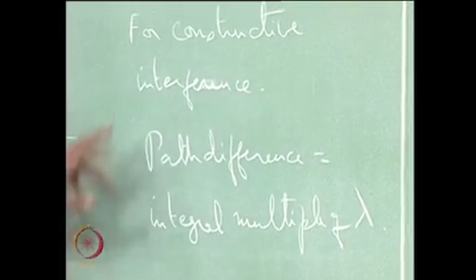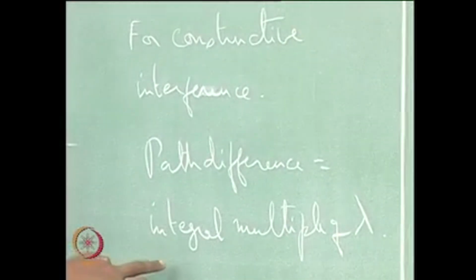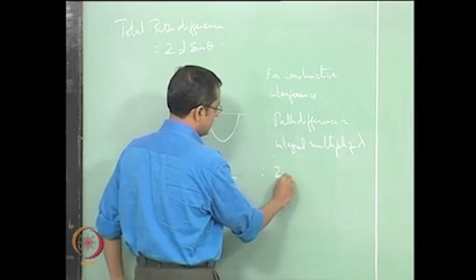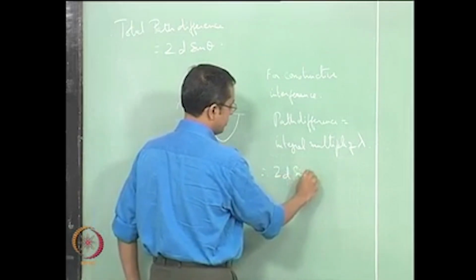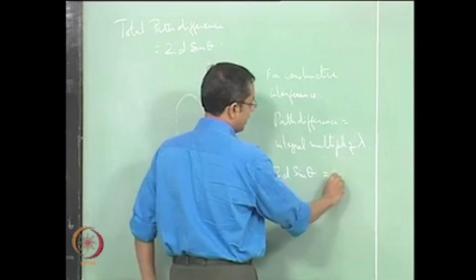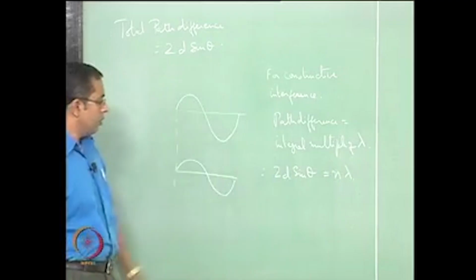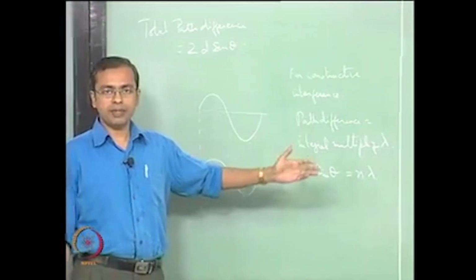So for constructive interference, the path difference should be equal to integral multiples of lambda. Therefore we say 2d sin theta, which is the total path difference, should equal some integer n times lambda. When this is true, constructive interference occurs.